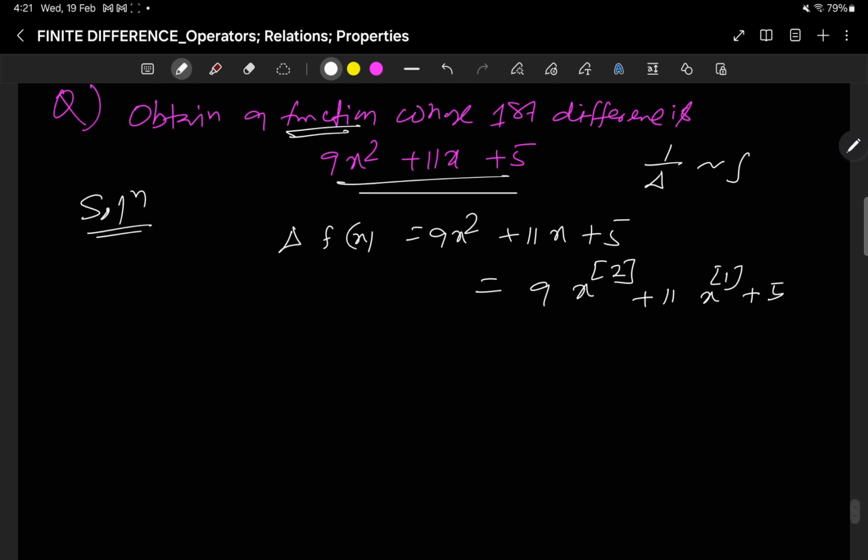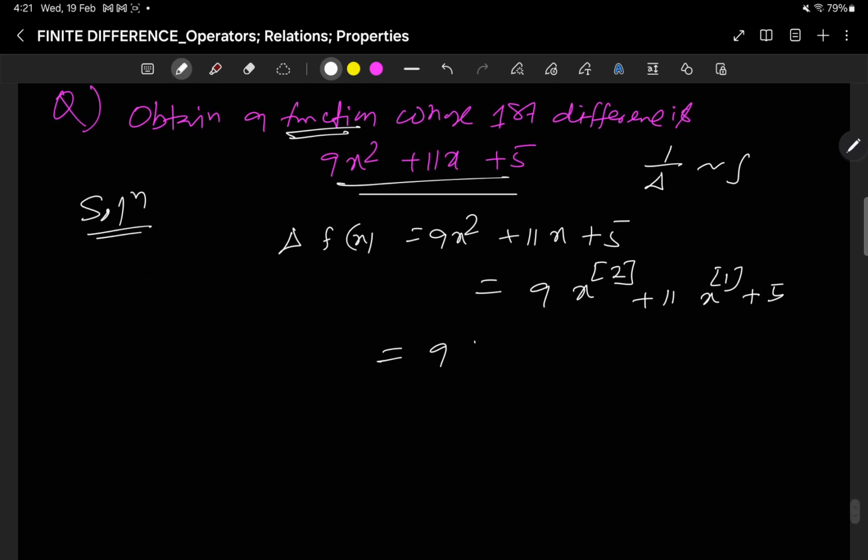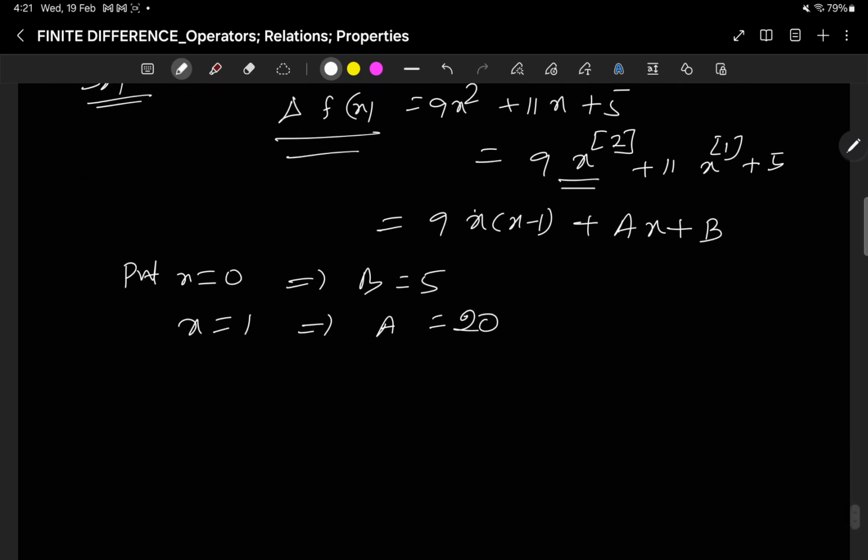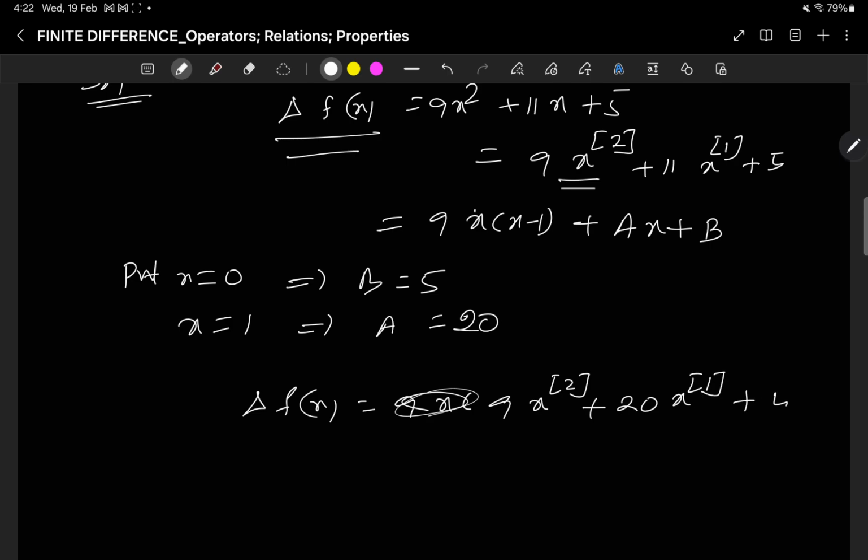Now I will write it as 9x into x minus 1, h being 1, in factorial notation, plus a x plus b. If you put x is equal to 0, it implies b is equal to 5. Put x is equal to 1, it implies a is equal to 20. So del f(x) is equal to 9x power 2 plus 20x power 1 plus 5.